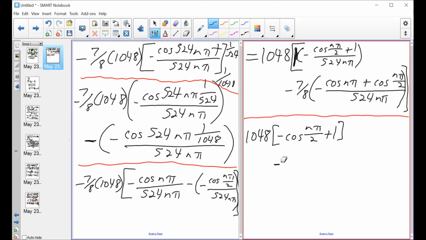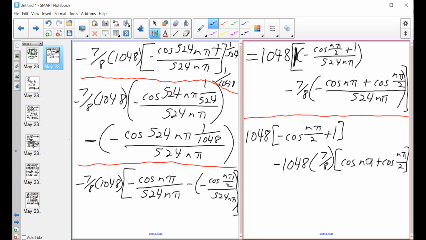So then this is going to be negative 1048 times 7/8, multiplied by cosine n pi, plus, looking at my key here, plus cosine n pi over 2.